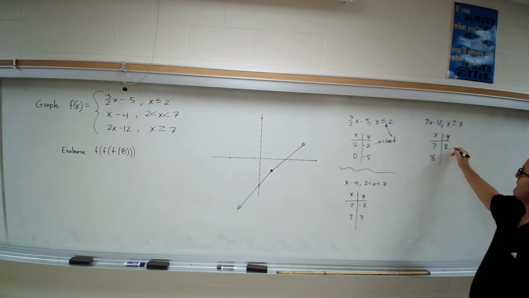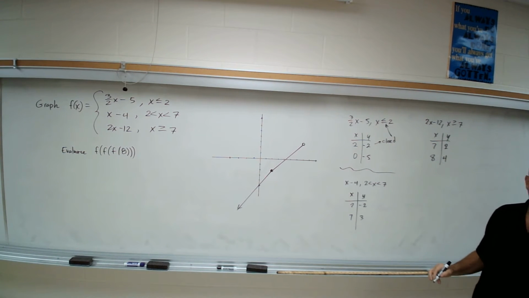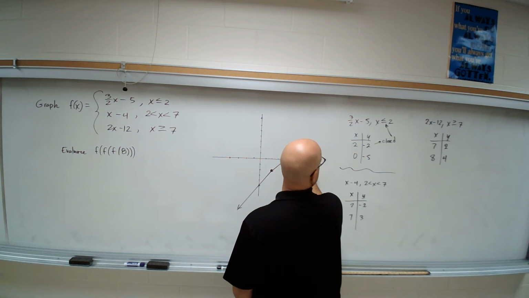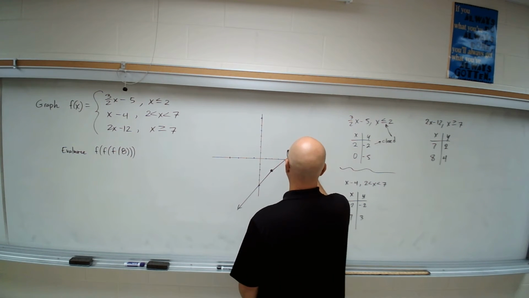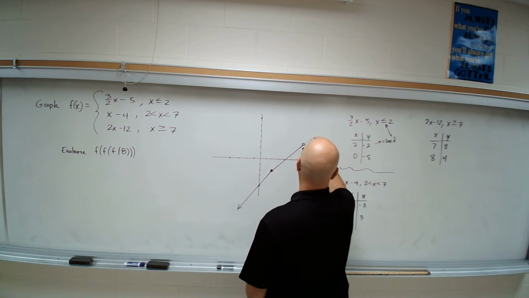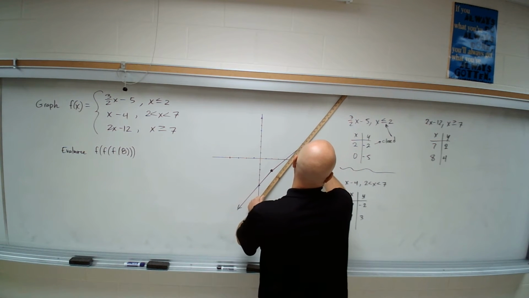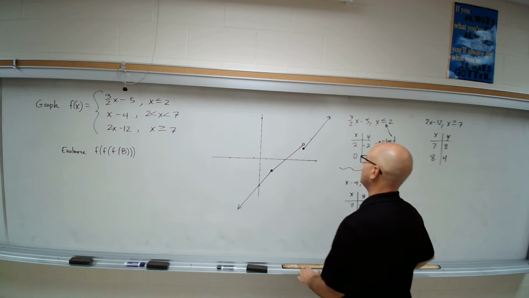So that's going to be 7, 2, and that's going to be 8, 4. Okay, so 7, 2, which we said would be closed. And then 8, 4 there. So it would look like that.